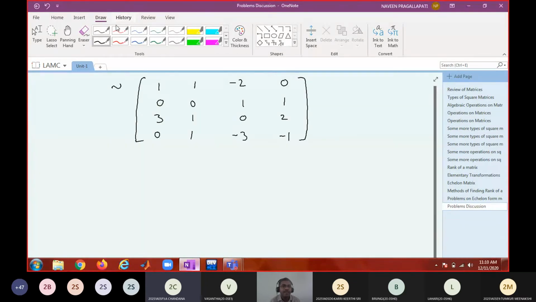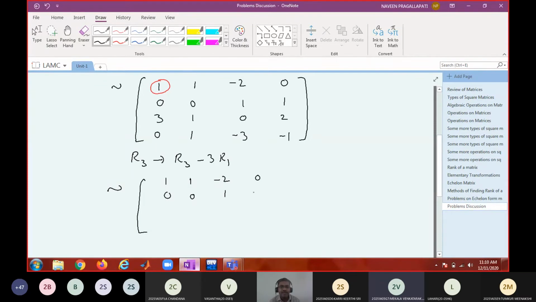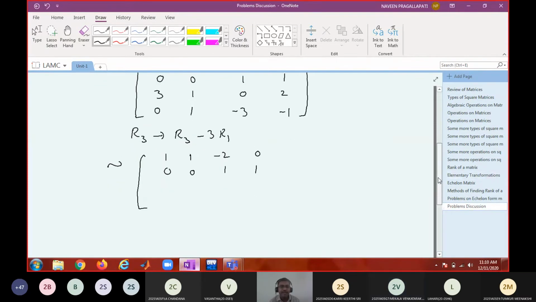Under the pivot, everything should be 0. So R3 is replaced by R3 minus 3R1.